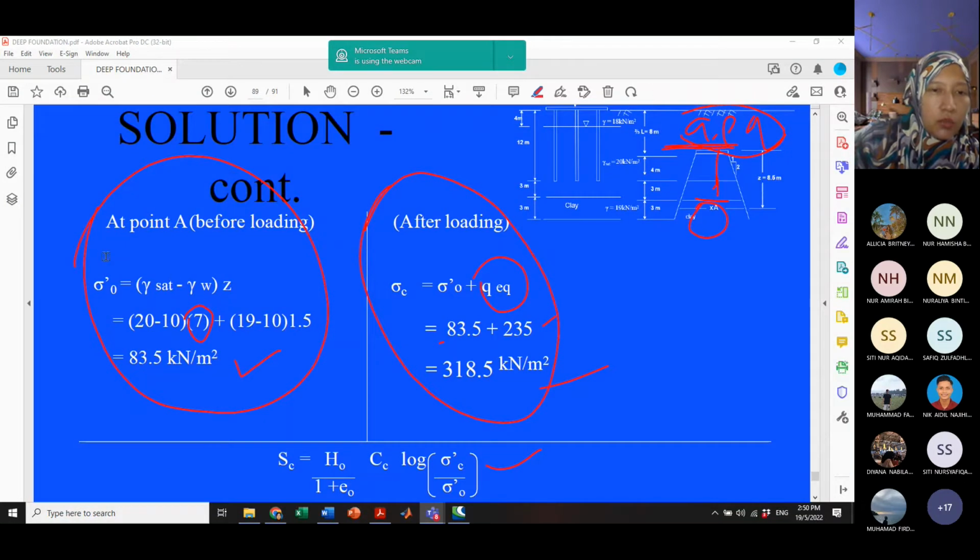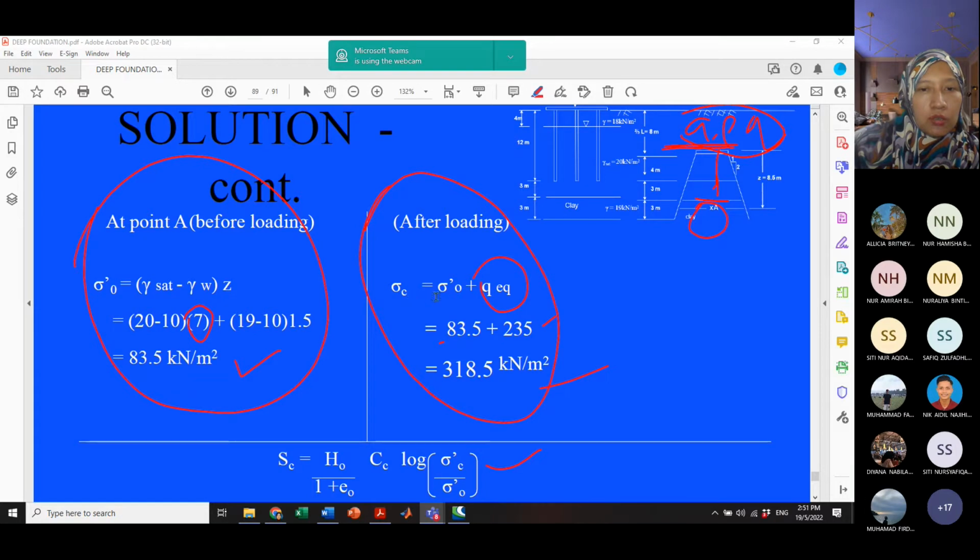Kemudian you want to estimate the settlement at the point A. Before you apply loading, the initial stresses is 83.5. Lepas you dah kenakan tegasan ataupun lepas you dah letak pile group tu, settlement akan berlaku dan dia akan ada penambahan dari segi nilai effective stresses. So the final stresses after you apply loading can be estimated from here.